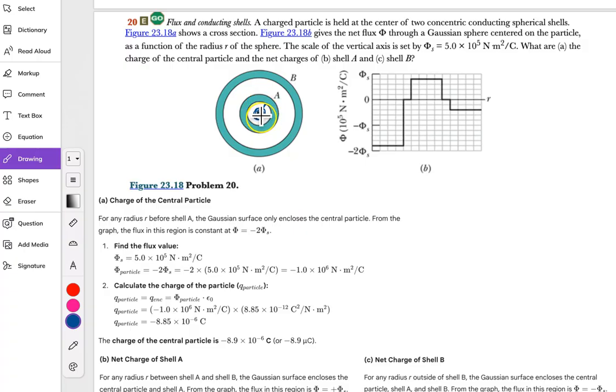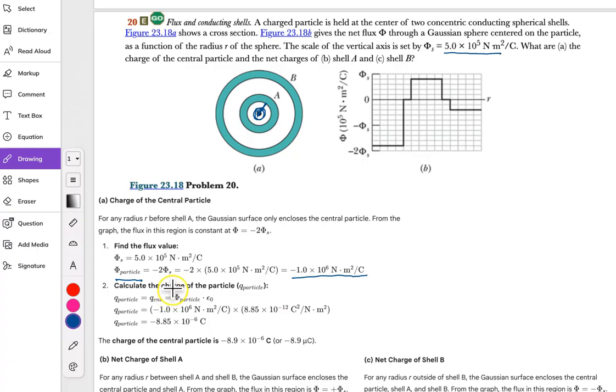So if we want to know what this is, we know that it's -2 times the flux of that surface. And so they told us that we have 5.5 times 10 to the 5th newtons times meter squared over a coulomb. So that's our flux. And we know for the particle, it's -2 times that. So we end up with a flux value now for the particle of -1 times 10 to the 6th.